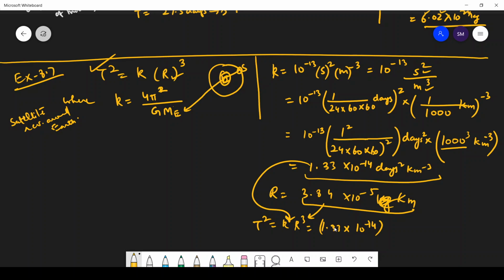Students, you can see the same thing in NCERT also. 3.84 into 10 to the power 5 whole cube, right? So that's my r. This is plus, of course, 3.84 into 10 to the power 5 kilometer, this is the distance, the Moon's orbital radius. So when you solve it, you will get 27.